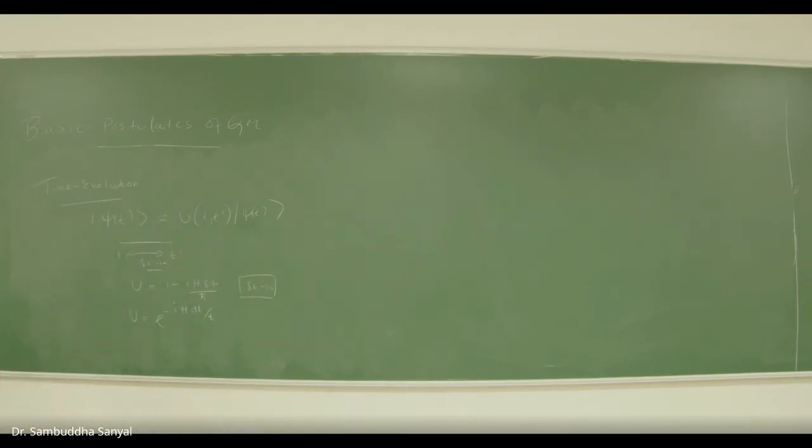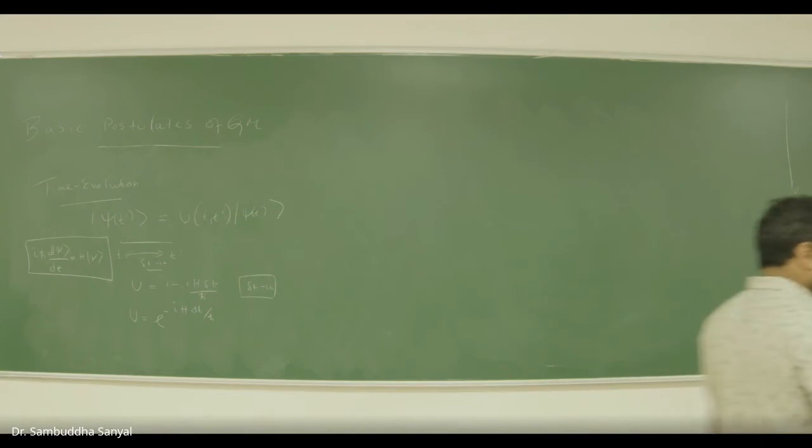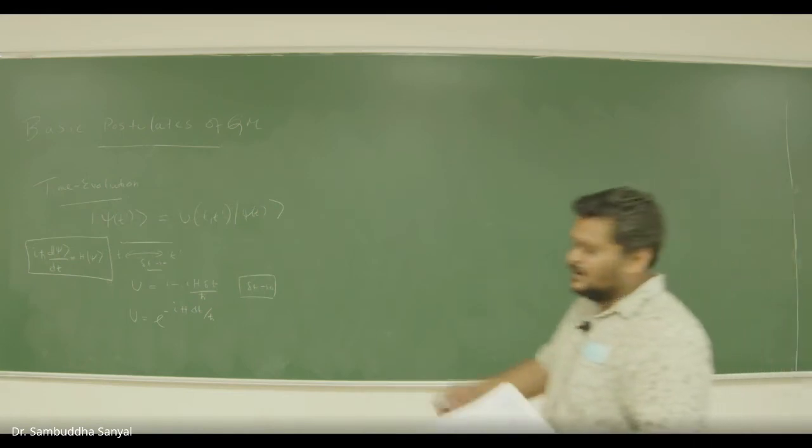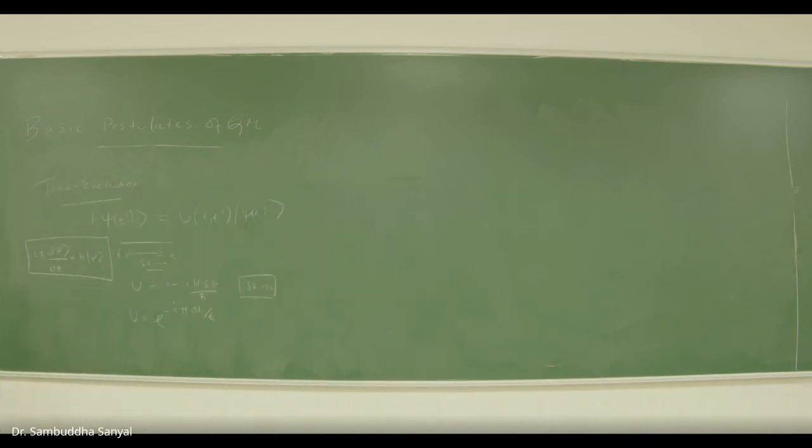Okay? And then we also found a differential form for this, which is i h bar d psi by dt equals H psi, which is the famous Schrodinger equation. And we said that this H is the generator of the translation, and H is the energy operator. Okay? So we identified that with the Hamiltonian from our classical mechanics experience.